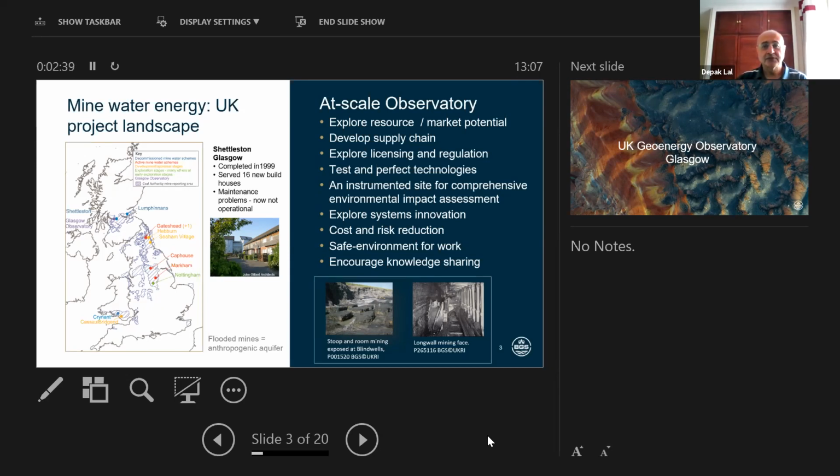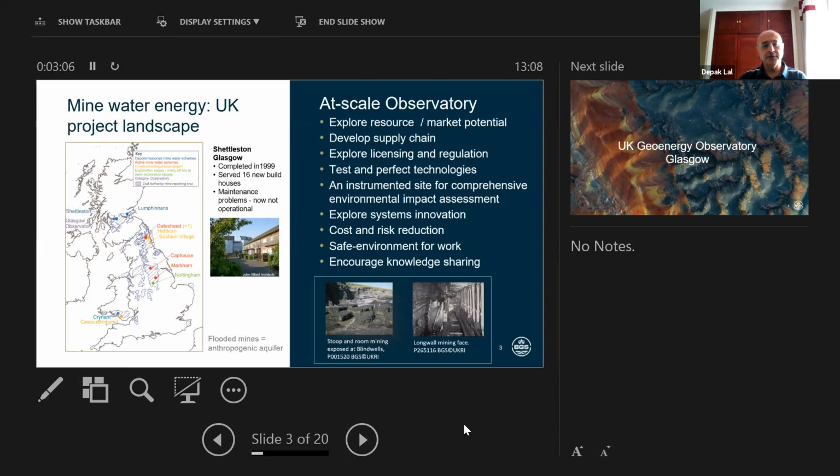We have an instrumented site for comprehensive environmental impact assessment. You can explore innovation systems, cost and risk reduction, and critically, it's a safe environment to do work. There are no customers connected to the site, so you're not going to have a customer screaming at you if you do some stress testing of the regime. And we do encourage knowledge sharing at the site.